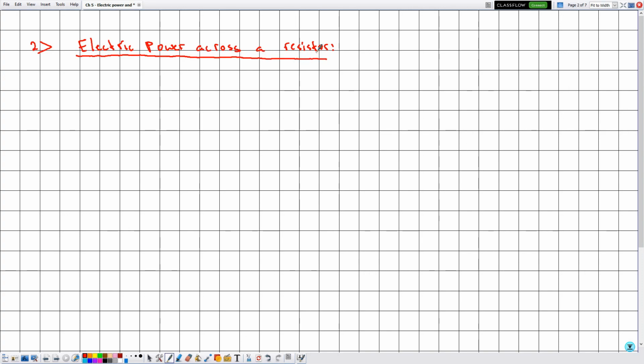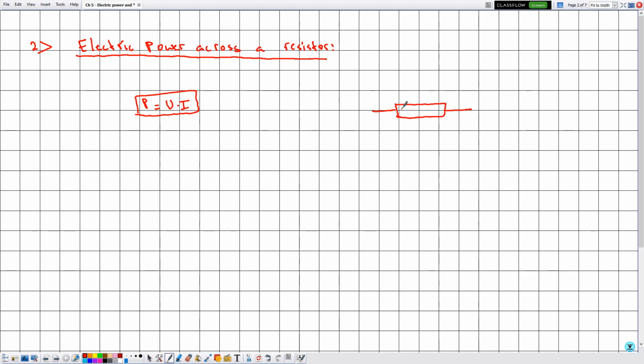We know now that the electric power denoted by P across any electric component, I repeat, across any electric component independent of its nature, is given by the product of the voltage and the electric current. This stands for any electric component.